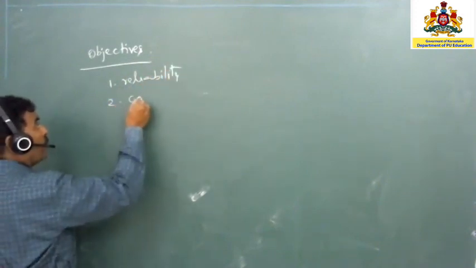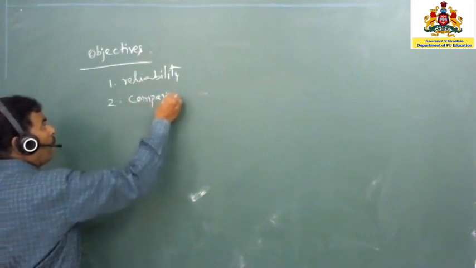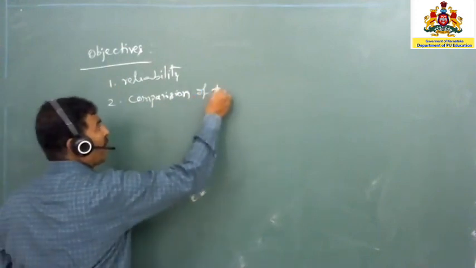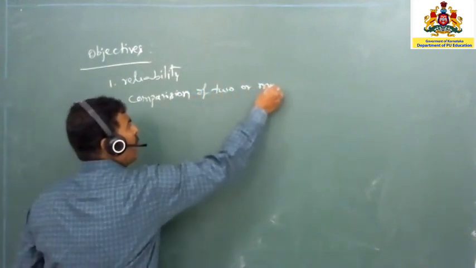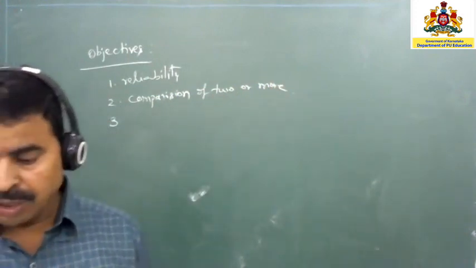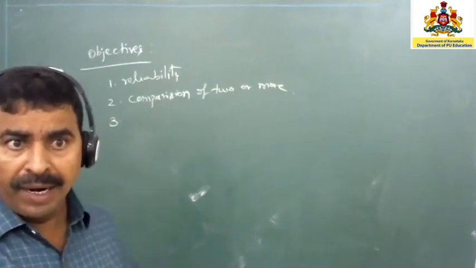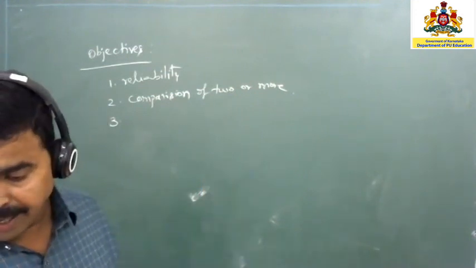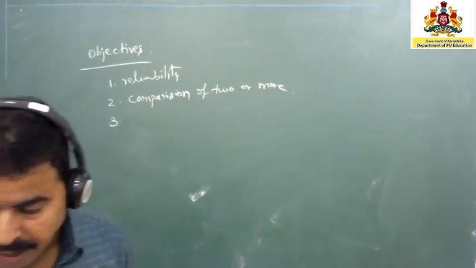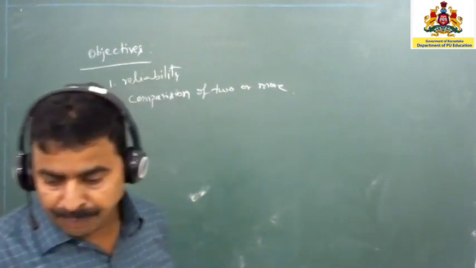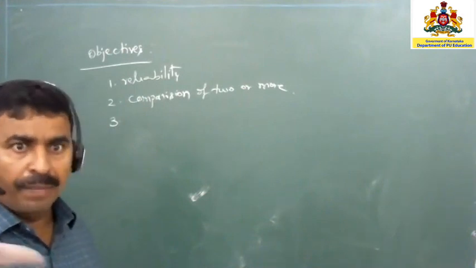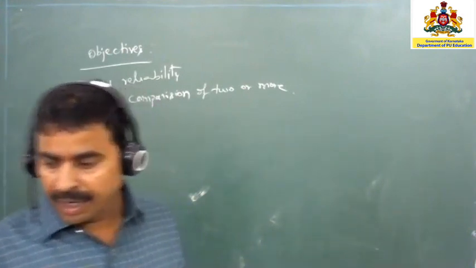Another objective is comparison of two or more data. Another objective is control of variability. If more variability is there in the data, we need to control the variability. It is also used in further statistical measures, such as correlation and regression, in a number of topics. There we use dispersion.